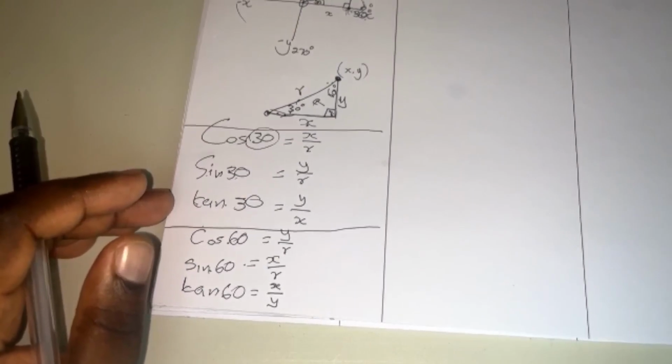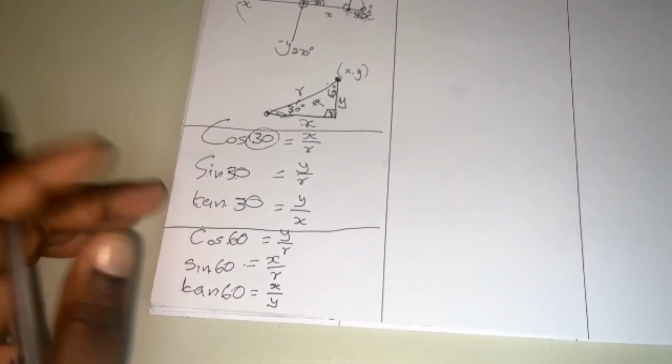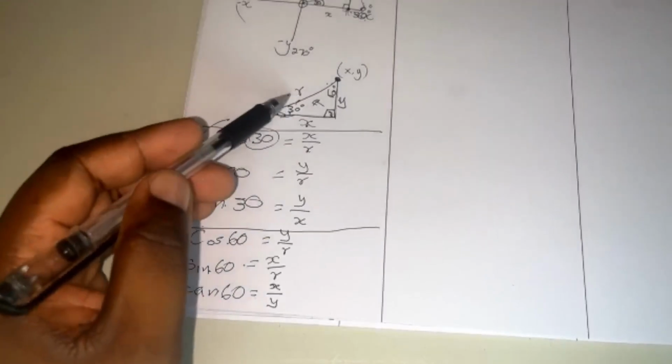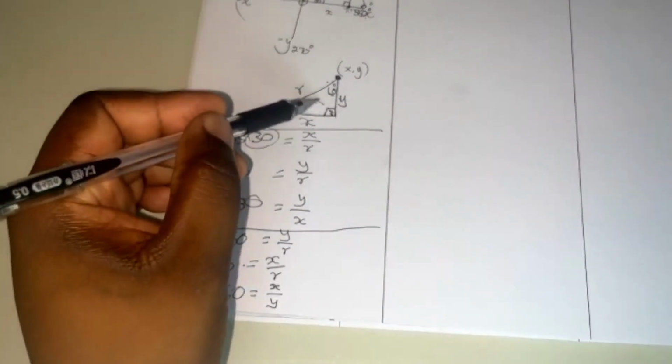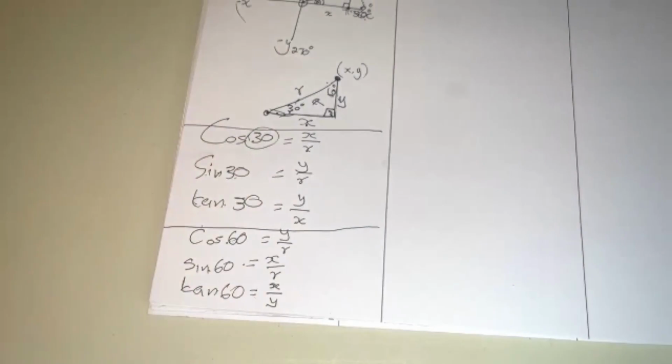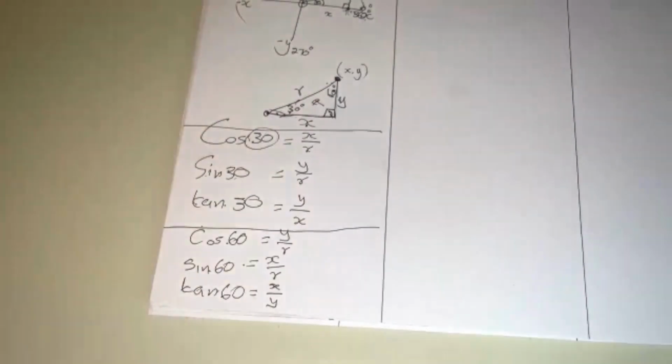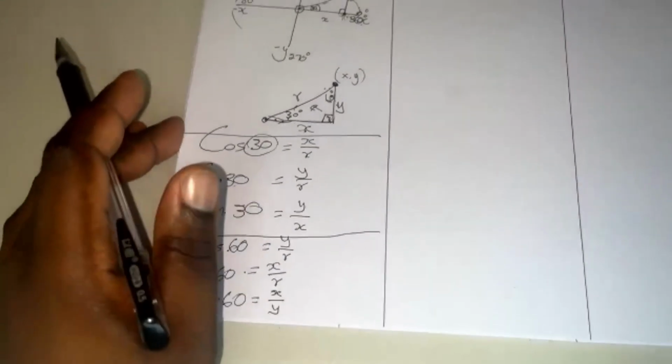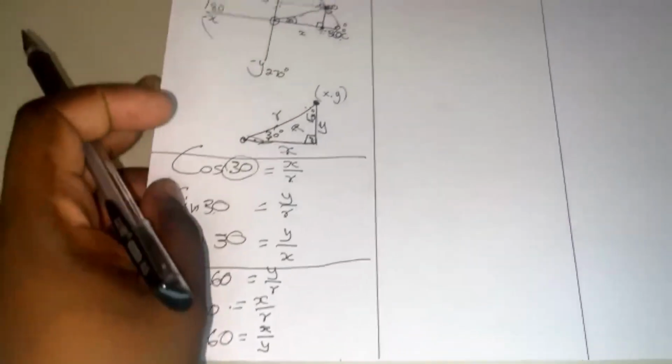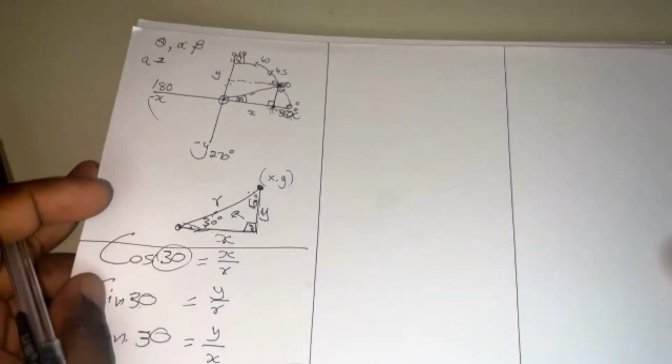R doesn't change. Even if the angle changes, r remains the same because it's the side opposite to the 90 degrees. So the only things that change are the inclined and also the elevation. This is the basic, that if you fail to catch it up here, then the whole questioning won't be easy for you.